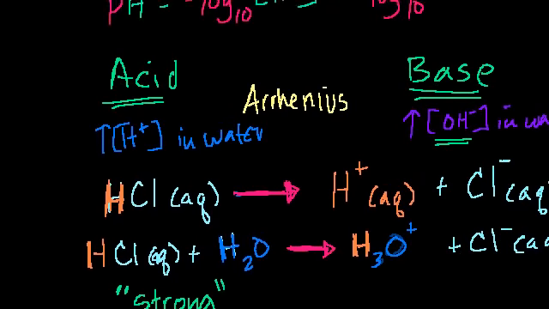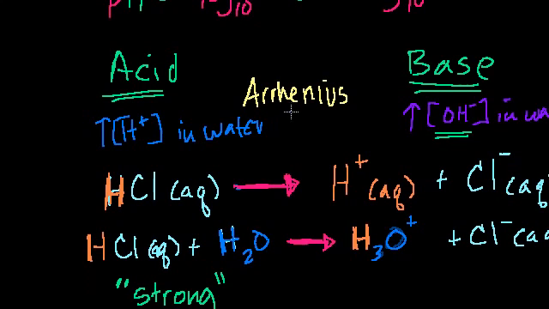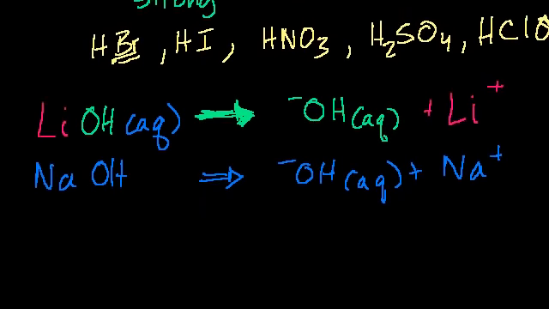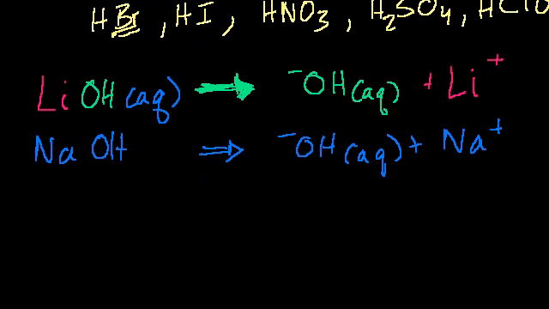Now, everything I've done so far is the Arrhenius definition, where an acid increases your hydrogen concentration, a base increases your hydroxide concentration. Now, that is what you're going to see 90% of the time, but there's a slightly broader definition out there, and that is Bronsted-Lowry.